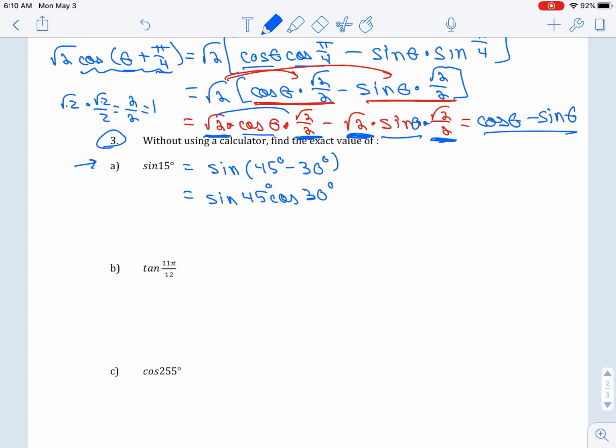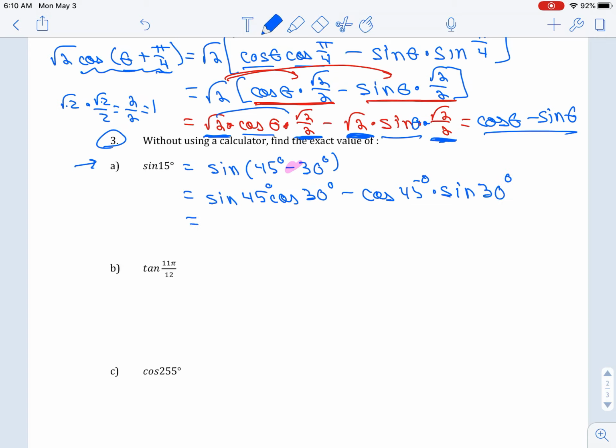And remember that the sign, S-I-G-N, stays the same. Since this is minus, it's going to be minus here. And then it's going to be cosine of 45 degrees times the sine of 30 degrees. You can go back and double check your formula and make sure that that's in the right order.